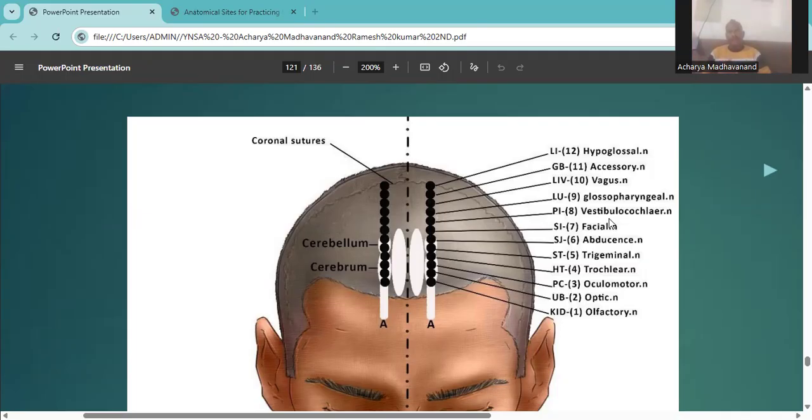From there, all these cranial nerve points start, 1 centimeter lateral to the mid sagittal line, and go through to the coronal suture. The endpoint is the coronal suture. Between these, you have 12 points from hairline to coronal suture.